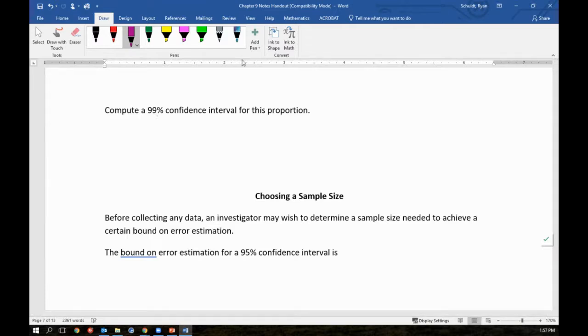So if I'm 99% confident, what is my z critical? 2.575. Okay, so let's make our interval.